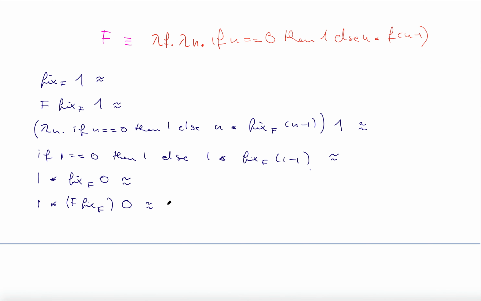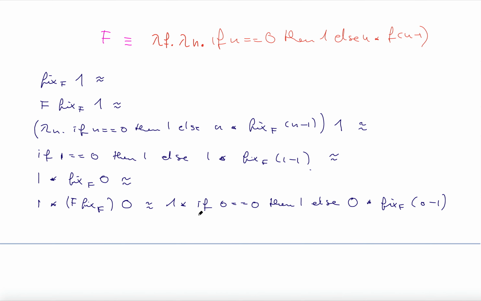So I get 1 times: if 0 equals 0, then 1, else 0 times f of, and f is fix f, right, fix f of 0 minus 1.